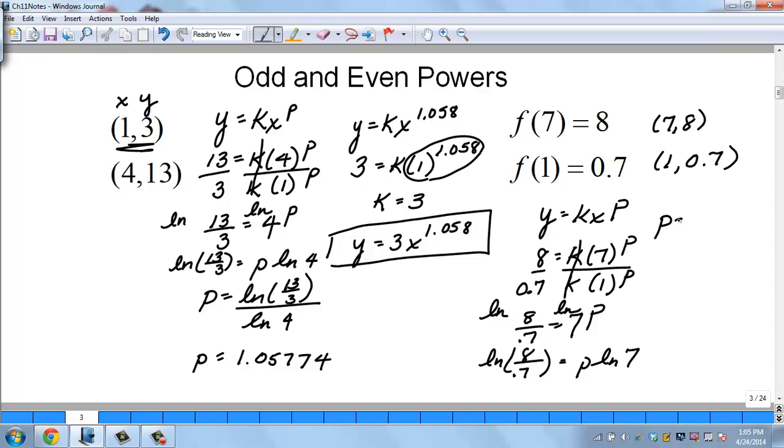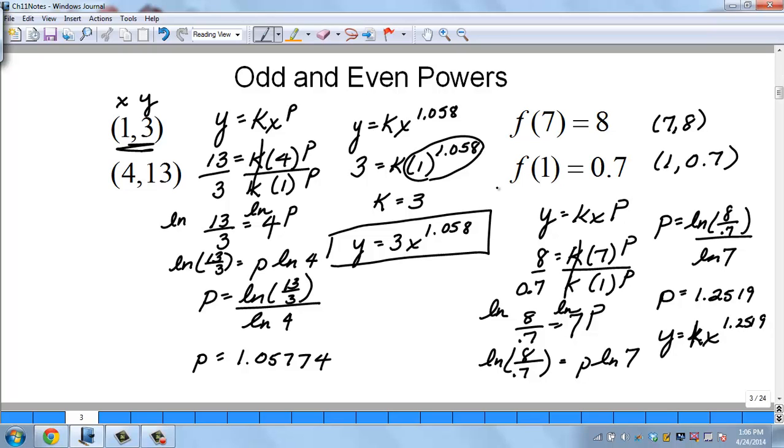So p is really natural log of 8 divided by 0.7 all over natural log of 7. And when I do that, my power comes out to be 1.2519.